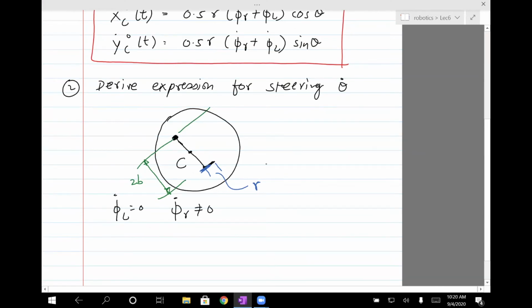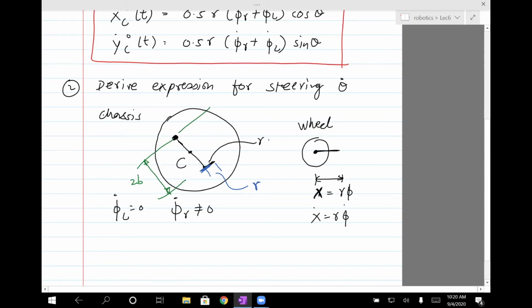So as I said, if you draw the wheel, this is the chassis, then the distance moved by the center is going to be x equals r phi, and then x dot equals r phi dot. That's the speed.